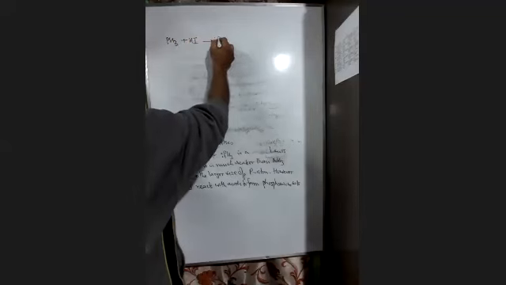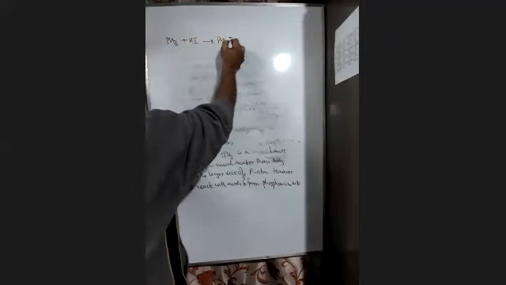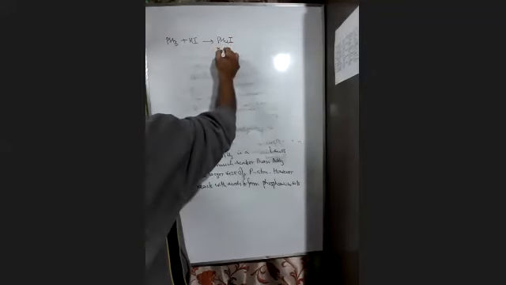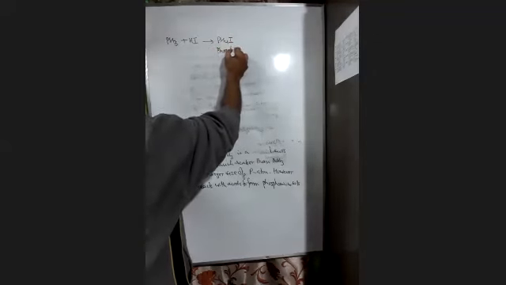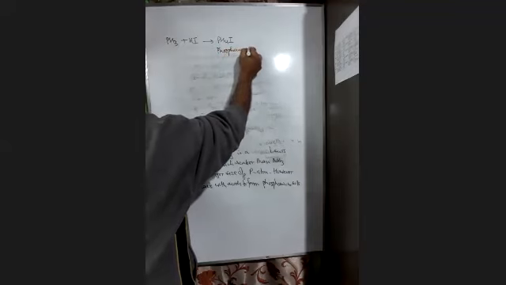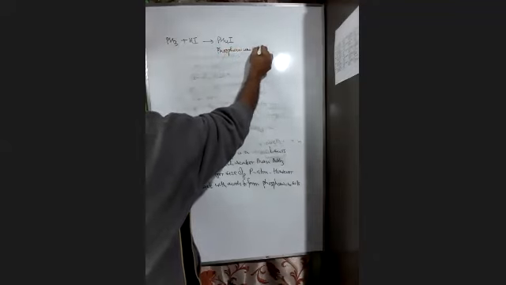So let me write example: PH3 plus HI. It forms phosphonium iodide. No, this is for your entrance exam.